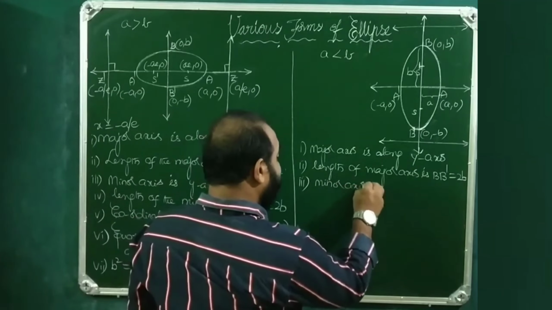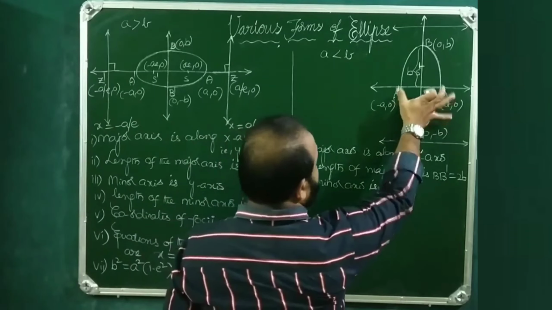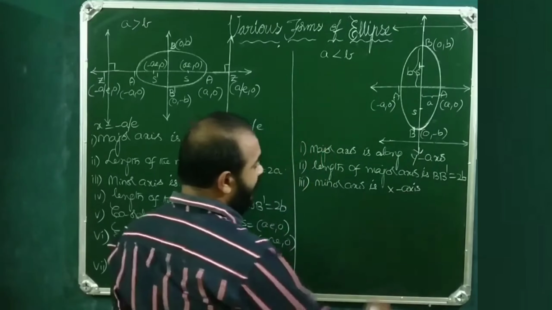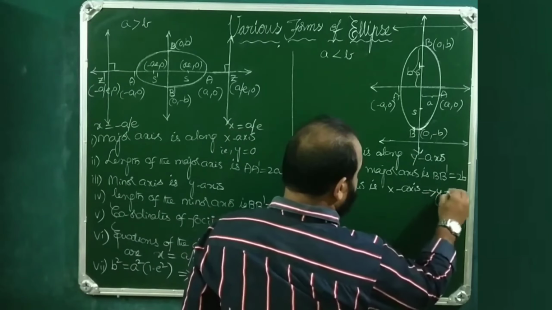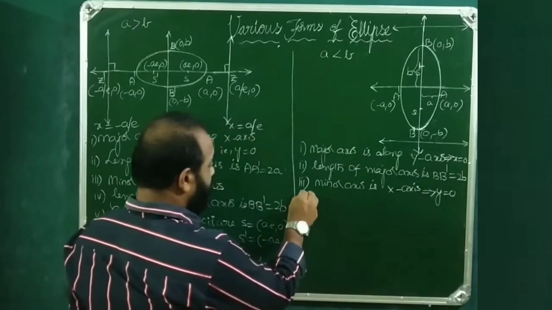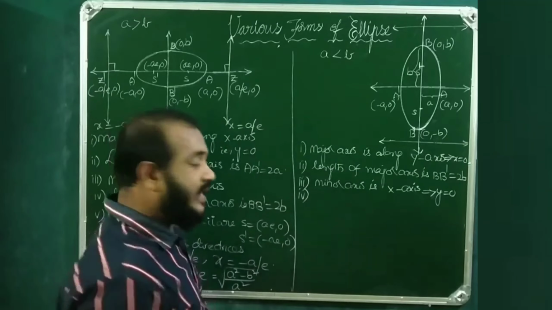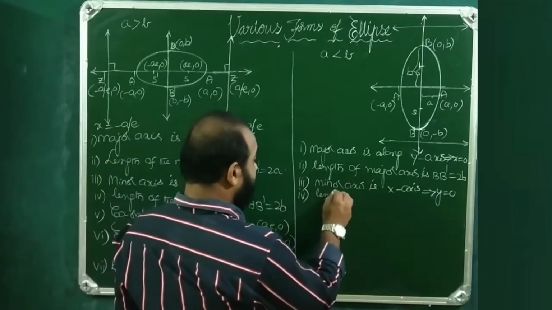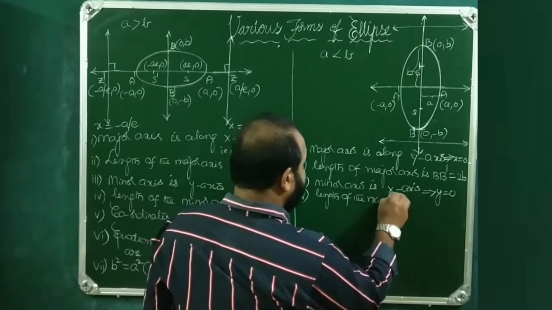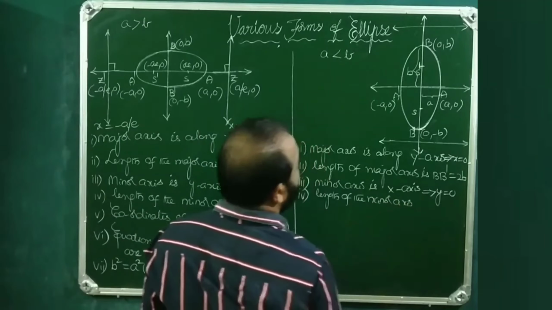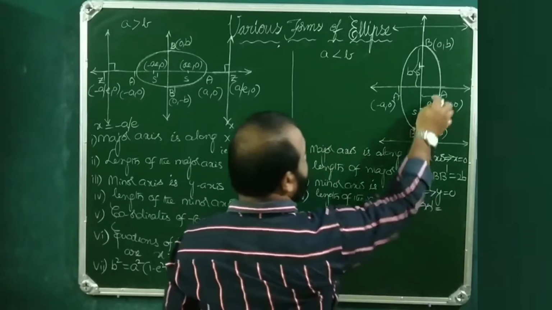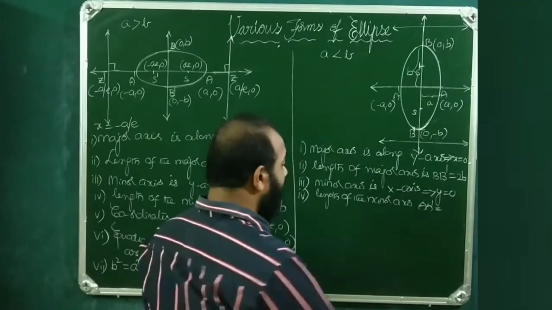Here the minor axis is the x-axis, which is y equals 0. This is x equals 0. So the length of the minor axis AA dash is equal to, this is a and this is a, totally 2a.